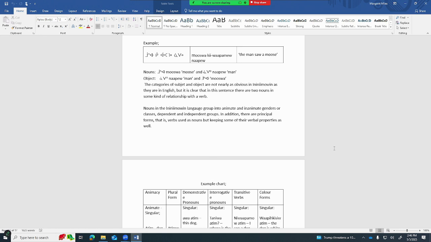The man saw a moose. So the nouns here were moswa and na beo, moose and man. The categories of subject and object are not nearly as obvious in the language as they are in English. But it is clear that in the sentence there are two nouns in some kind of relationship with the verb.